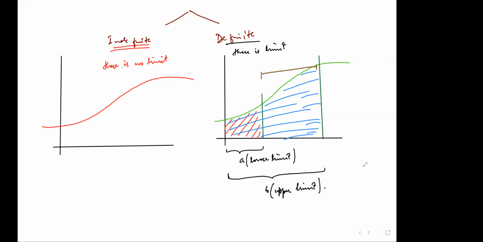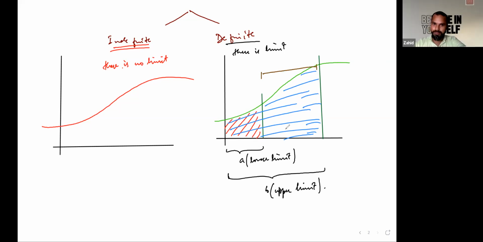Okay. So for this process, we define the integration of y dx with limits from a to b. This a is called the lower limit and this b is called the upper limit. Let's say the integral of this part is y, capital, times x with limits b and a.